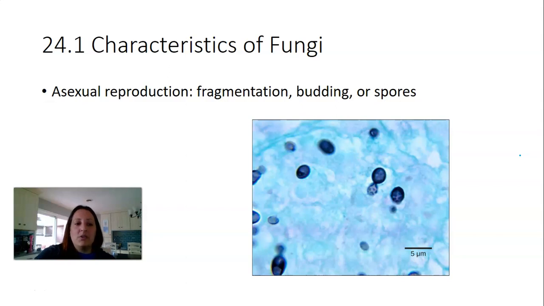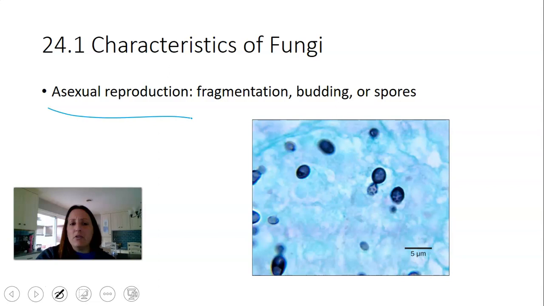So let's look at asexual reproduction in fungi. Asexual reproduction can take a couple of different forms. First of all, mitosis can produce spores, or we could have budding, which is what's being shown in this figure, or something called fragmentation. So let's touch on fragmentation and then budding on this slide.